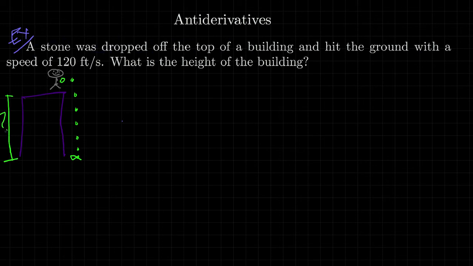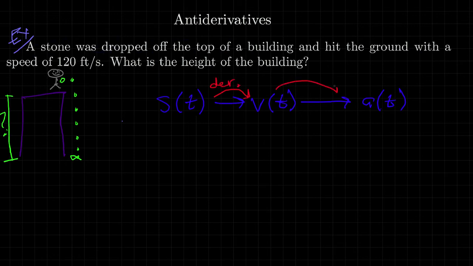Okay, so to find this, we remember the relationship between position, velocity, and acceleration. Remember that to go from position to velocity, you get the derivative. And then to go from velocity to acceleration, you get the derivative of that.